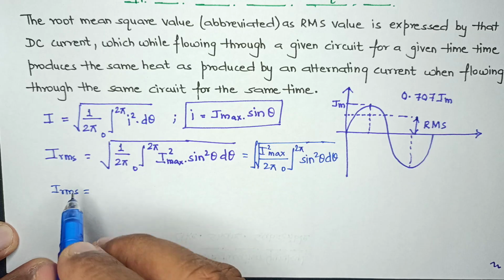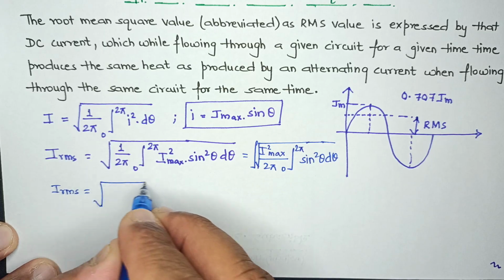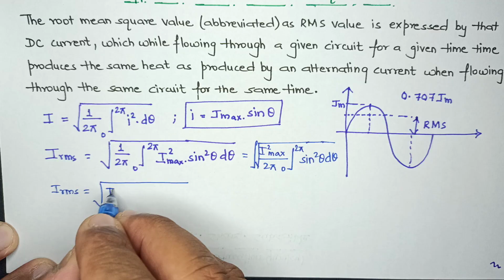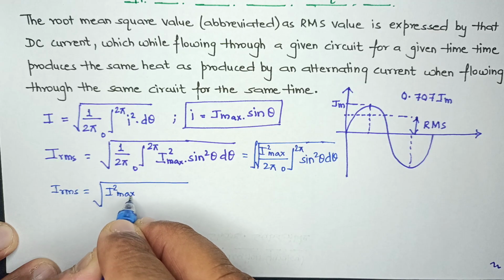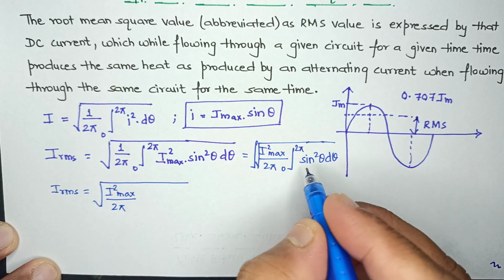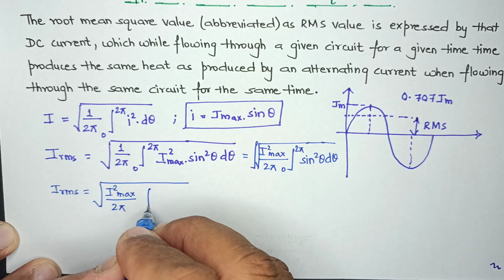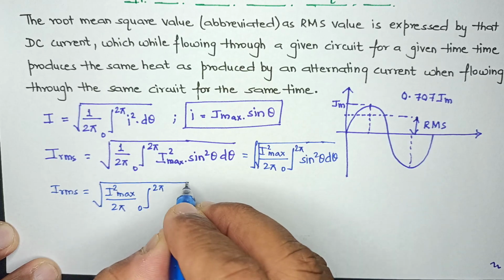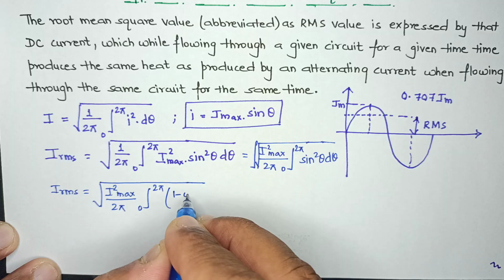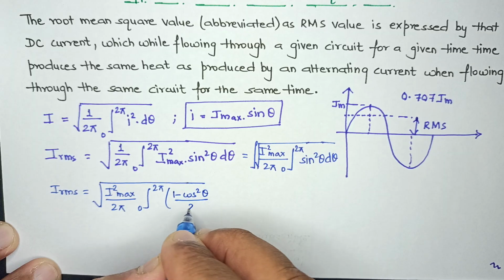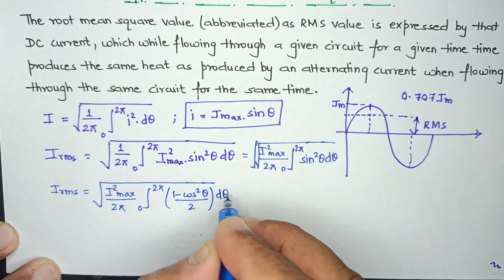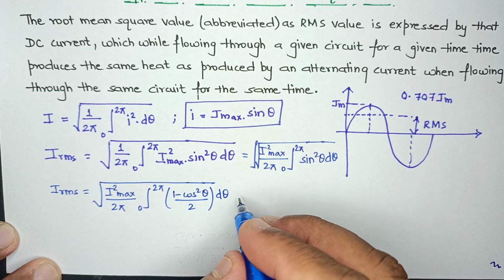So the value of IRMS would be equal to the square root of Imax square divided by 2 pi, and then sine square theta is rewritten in trigonometric terms as (1 minus cos 2 theta) divided by 2, and then we have d theta. Now let us solve this.